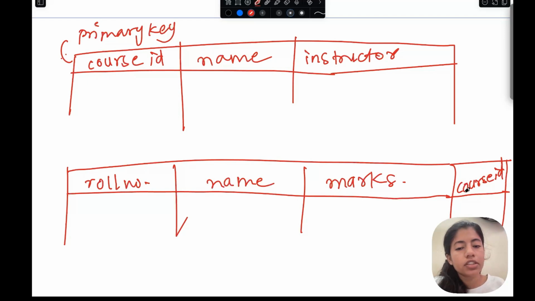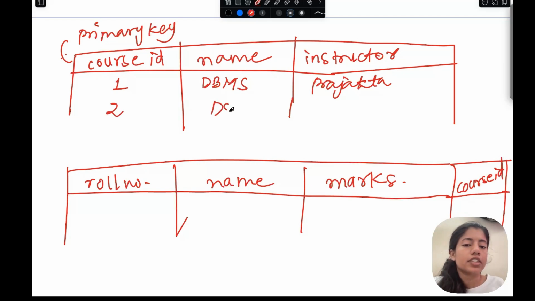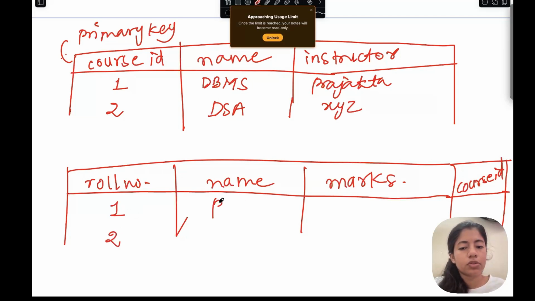Let's assume that course number 1 is named DBMS and the instructor is me. Course number 2 is named, let's say, DSA, and the instructor is some XYZ name. Our two students, like before, are Priya and Raj, with marks 80 and 50.